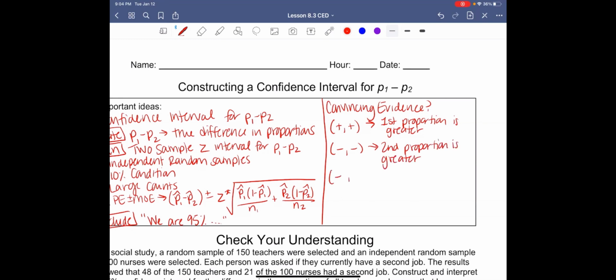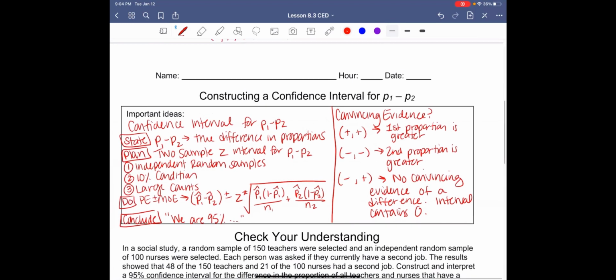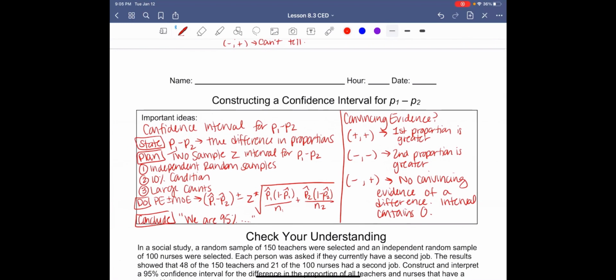And if you get a negative positive, that is telling us we do not have convincing evidence that there is a difference. And the reason for that is because our interval contains 0. Okay, so give the check your understanding below a read, take some time and work through.